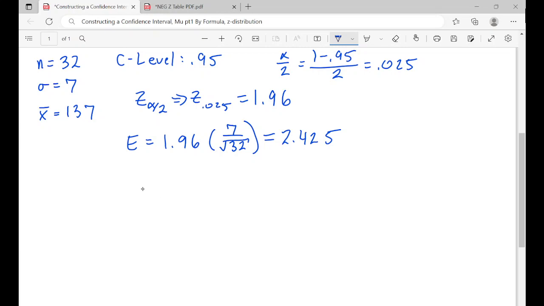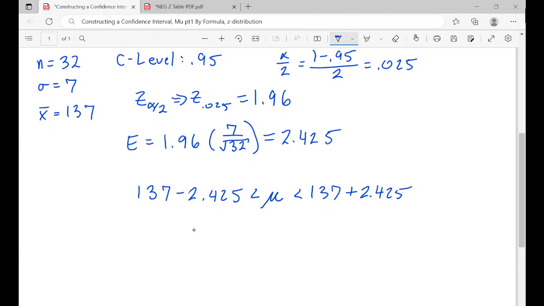So 137 minus 2.425 is less than mu. It's less than 137 plus 2.425. And we subtract and add the two numbers together.